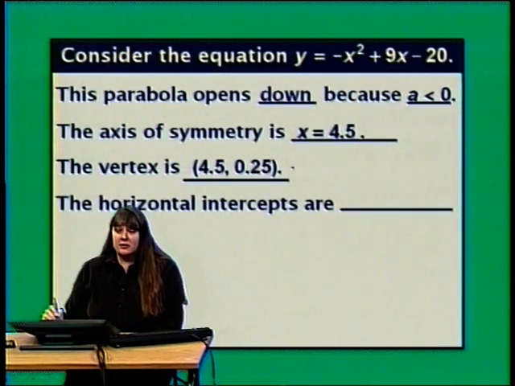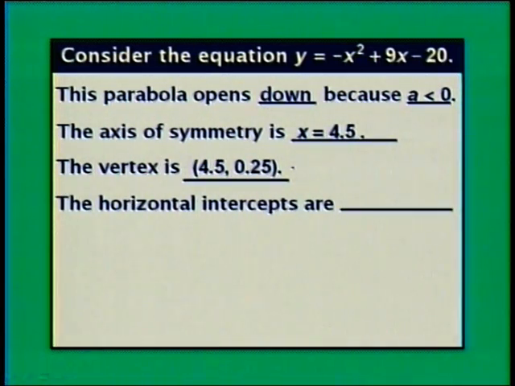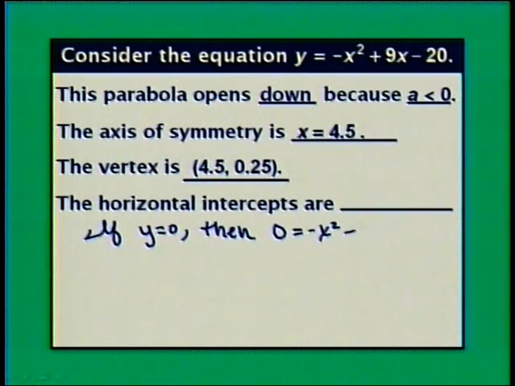What about the horizontal intercepts? Well, to find the horizontal intercepts, I need to let y be 0. So if y equals 0, then we have 0 equals the opposite of x squared plus 9x minus 20. Now I think I want to factor this, but it's hard for me to factor when my leading coefficient is negative. I'm going to go ahead and move all of those terms from the right-hand side to the left-hand side, so I'll change all the signs.